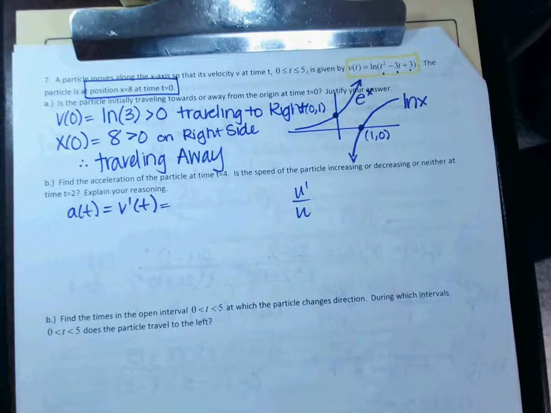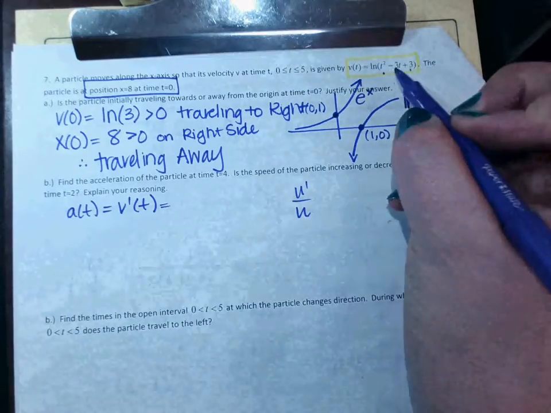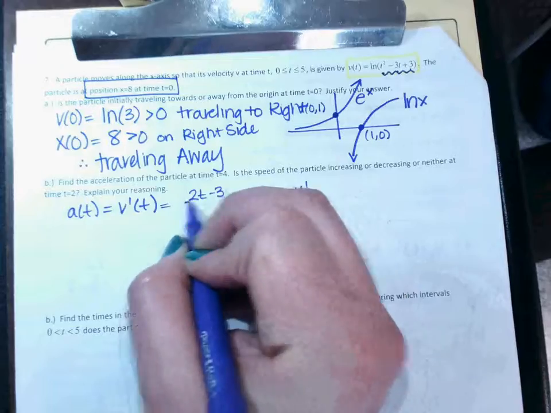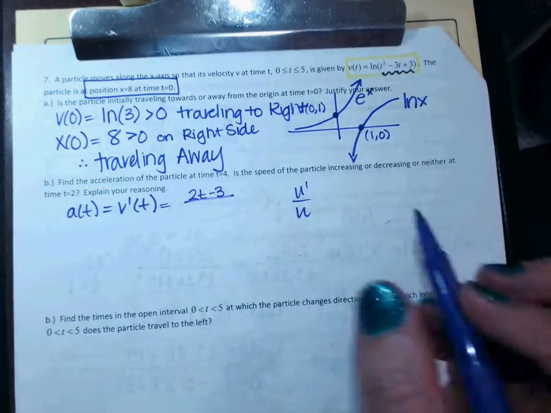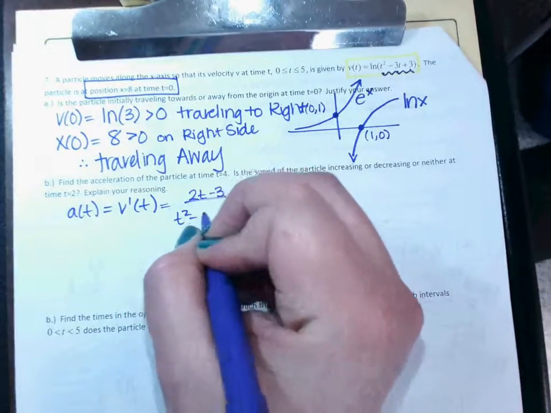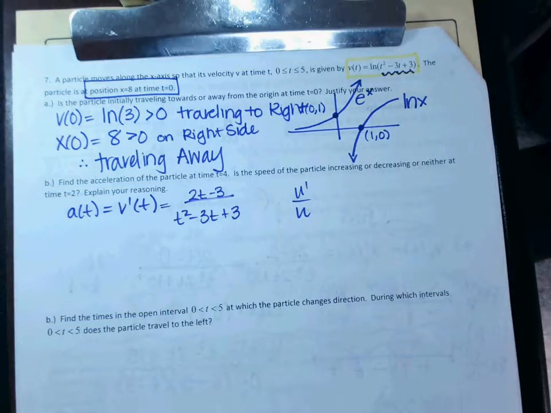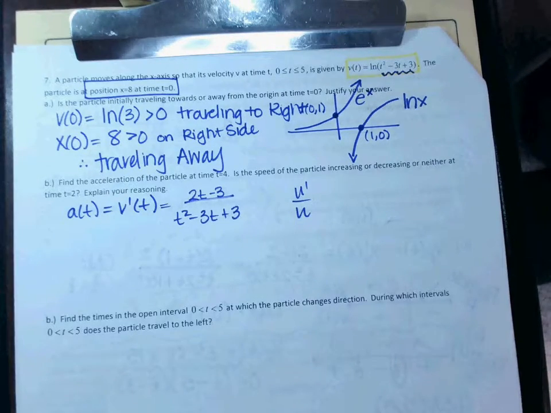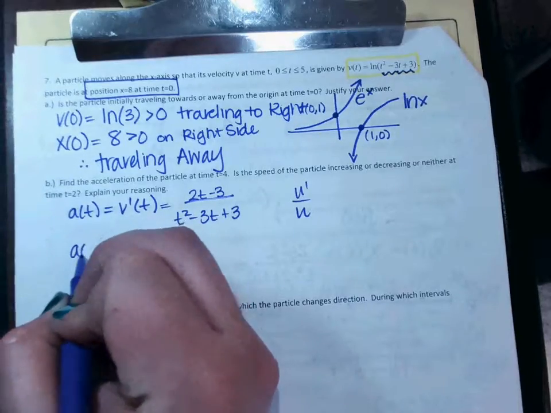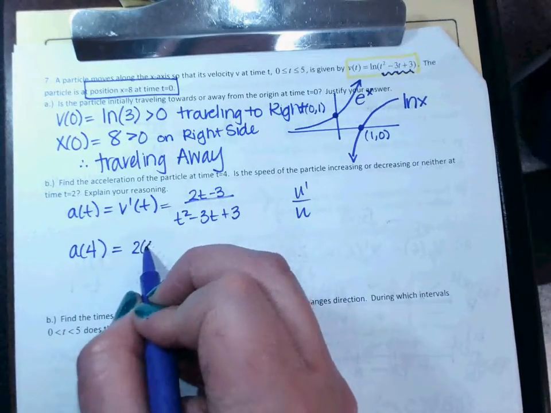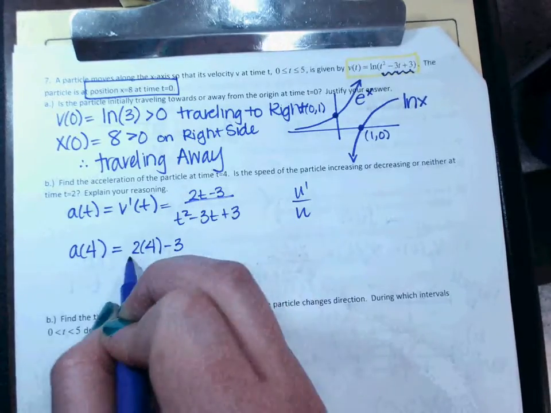What will u prime be from that middle? Okay, 2t minus 3 over. And then remember the bottom stays the same. So it'd still be a t squared minus 3t plus 3. Okay? So it says find the acceleration at 4. So then once I find acceleration, now we need to plug in 4. So that'd be 2 times 4 on top is 8. Minus 3 is what?